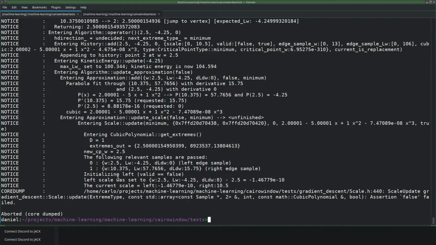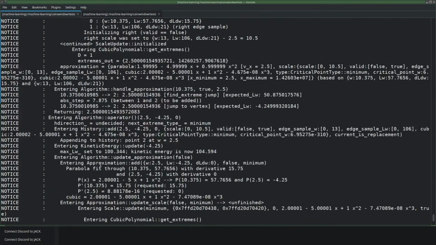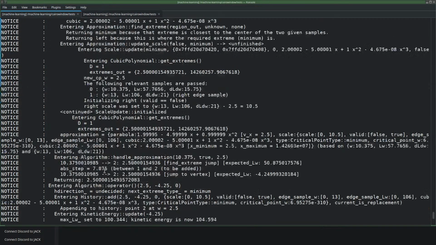Left scale is set to almost 0. Why? That is ridiculous. The right scale was set to 10.5. That seems correct. Where may that happen? It's not the second time we entered this. Yeah, the right scale is set to 10.5.